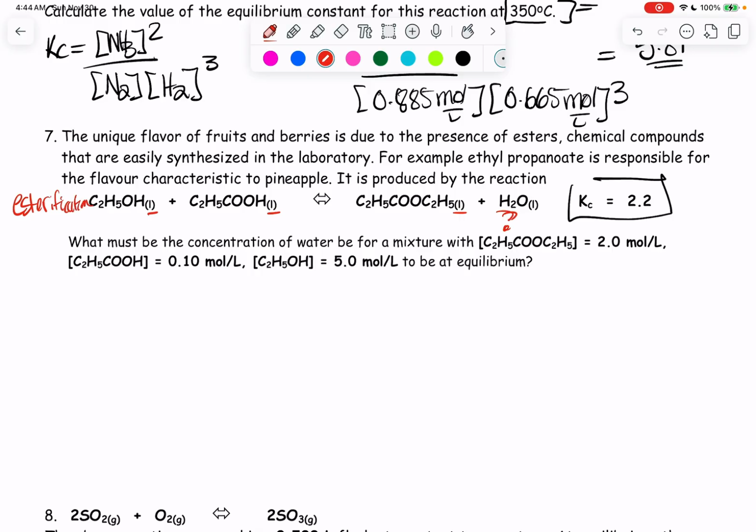We're asked to find that. So we have to set up our equilibrium constant equation to solve for water. So first we'll start this way. Kc, I'm just going to write the terms.